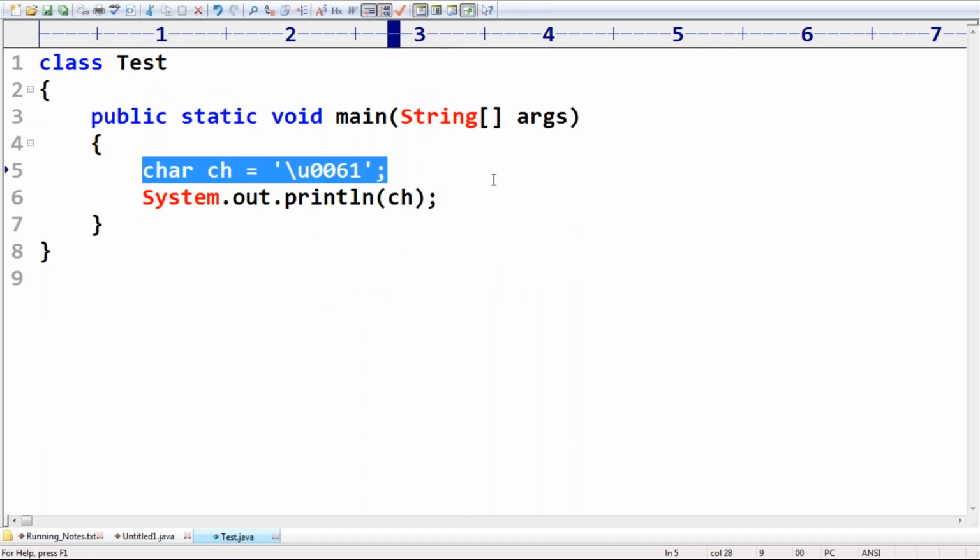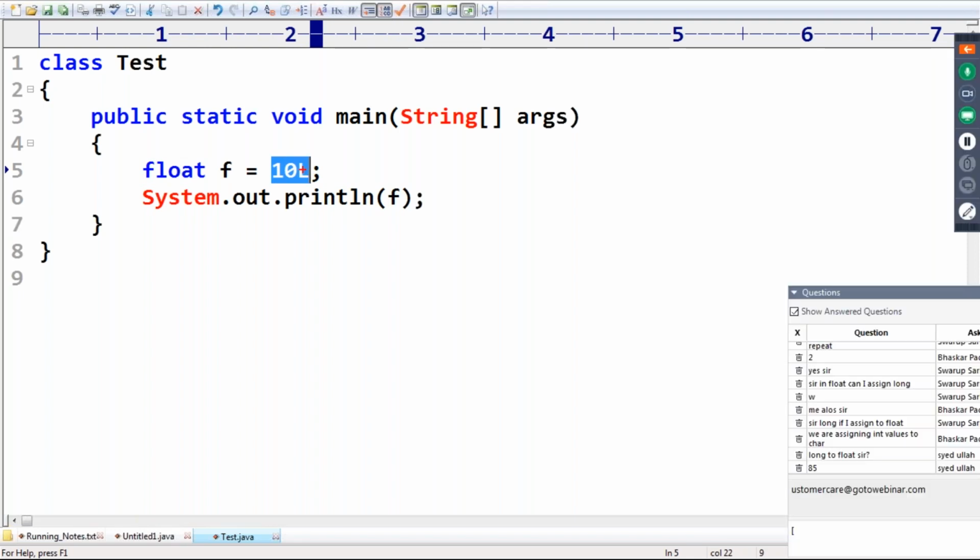I'm taking float f = 10L. This is what type? Long type. So we are assigning a long to a float. Long is 8 bytes, but float is only 4 bytes.